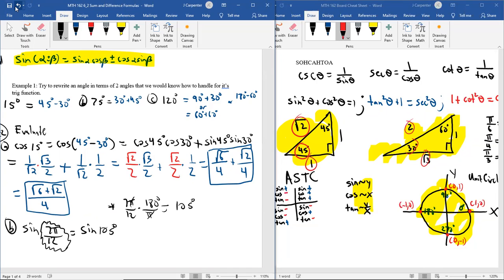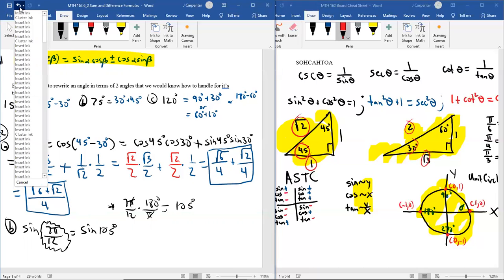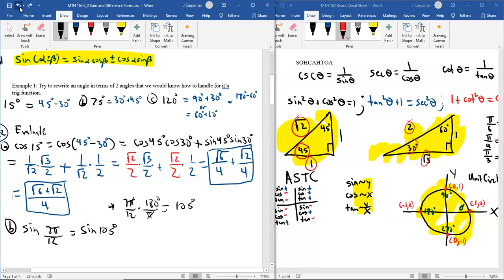You would go, well, this isn't pi over 6 or pi over 3 or pi over 4, so I know it's not one of these 2 triangles, because those are pi over 6, pi over 4, and pi over 3. So to make this simpler on my brain, I convert it to degrees and then try to figure out what I can add or subtract to get 105. Now you might say, okay, well, I can do 150 minus 45. Okay, you can, and that would be fine.